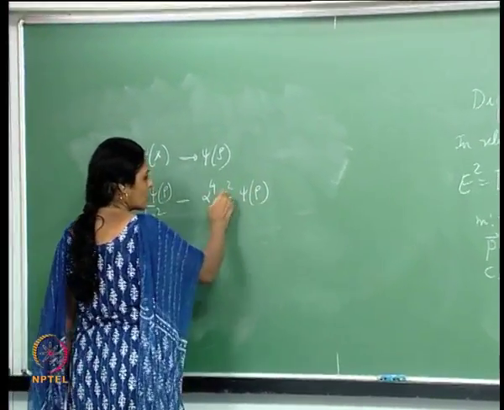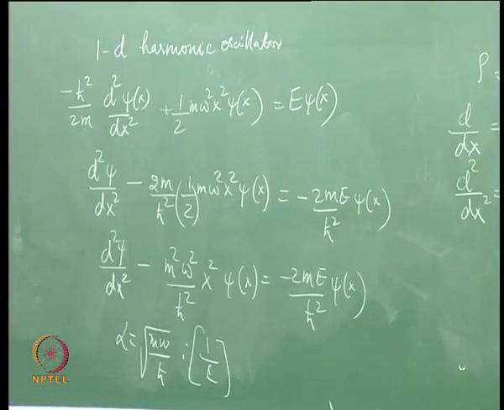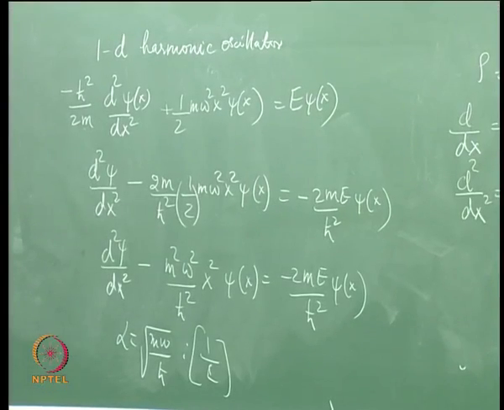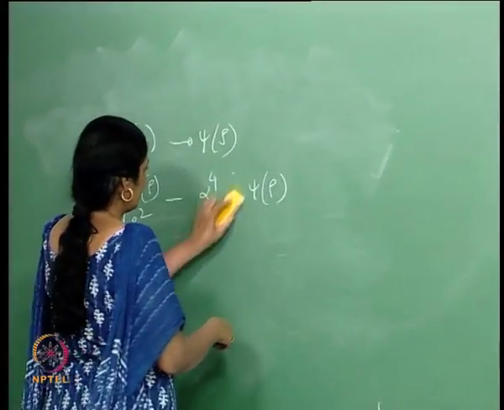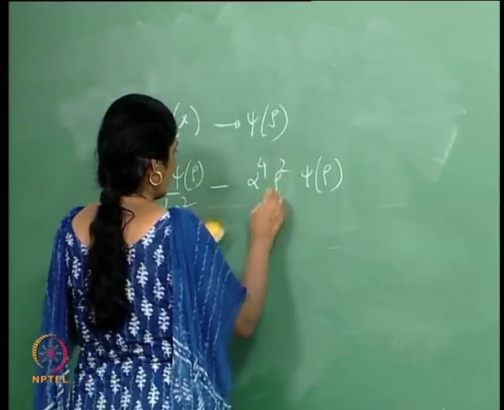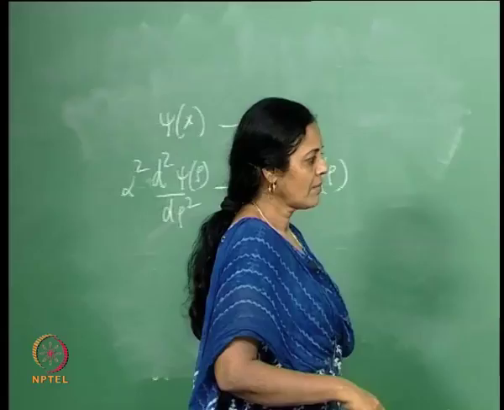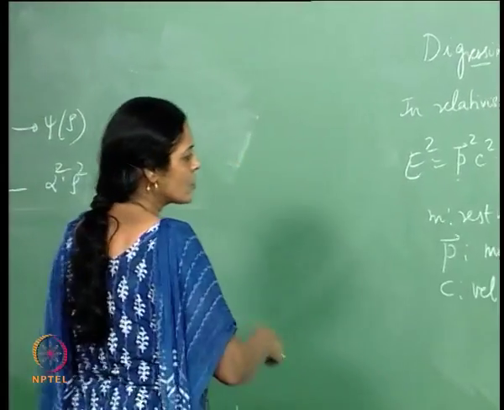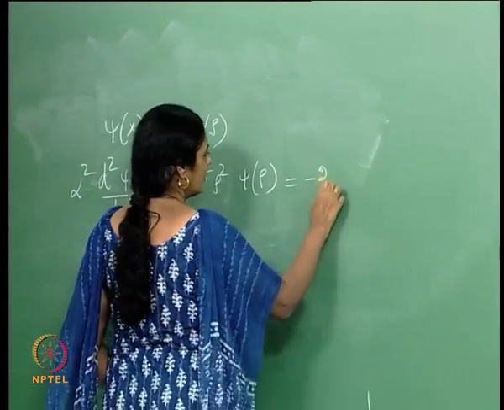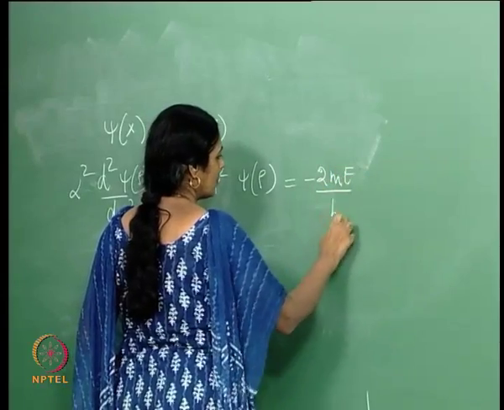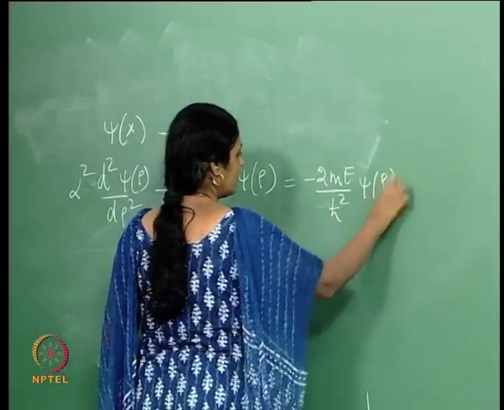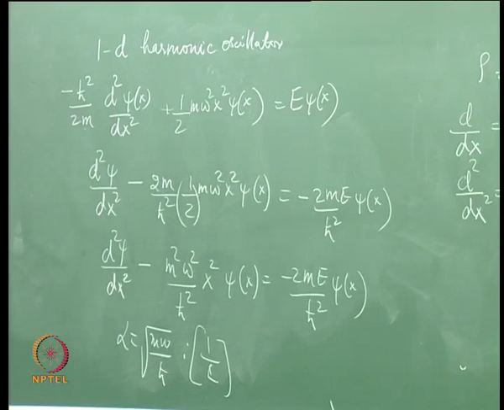I have to write this also in terms of rho, which I will, because rho is alpha x, so x squared is rho squared by alpha squared. So I have that is equal to minus 2mE by h cross squared psi of rho. That is what we have.